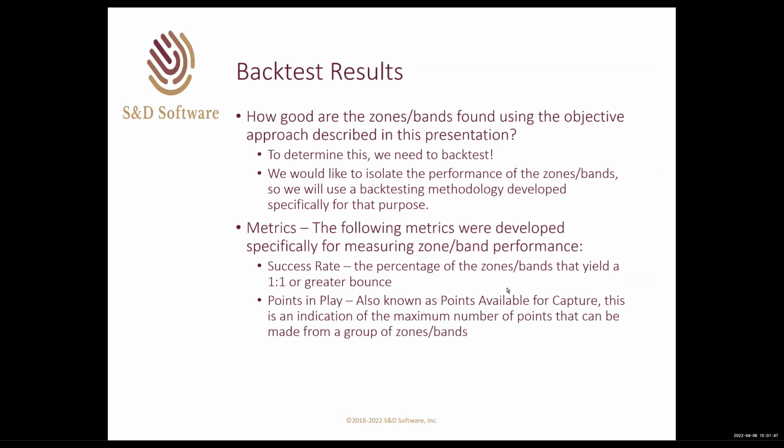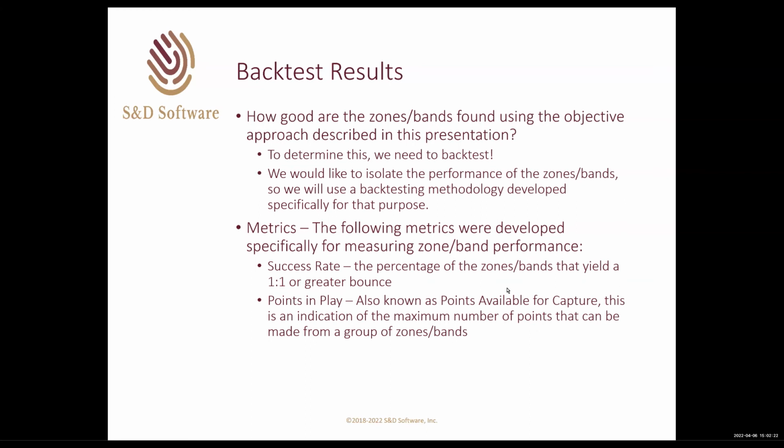The next metric has several names. Points in play is an easy one. It's also known as points available for capture. But basically what it is, for all the successful bands in the test, we're going to take the biggest bounce off of each of those successful bands or successful zones, and we're going to add up those bounces.